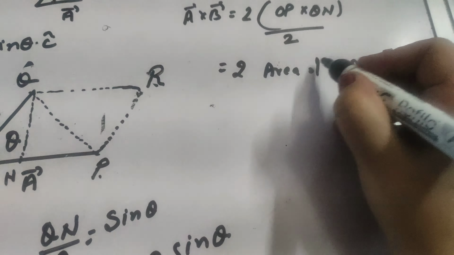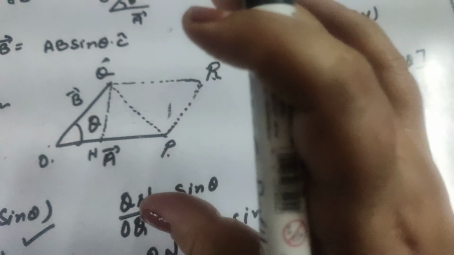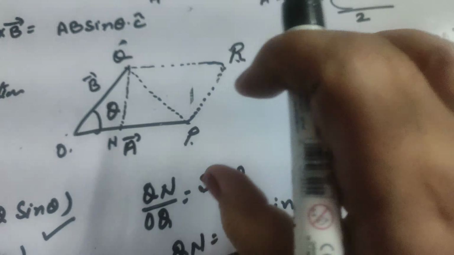So the geometrical representation, if I represent it, is that the cross product of two vectors is either equal to the area of the parallelogram containing the two vectors A and B, or it is equal to twice the area of the triangle OPQ.